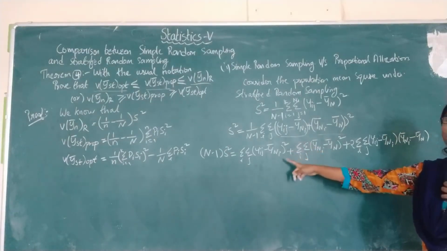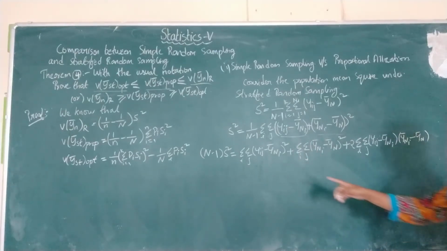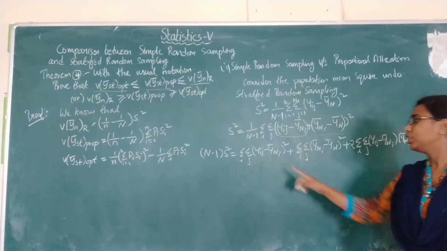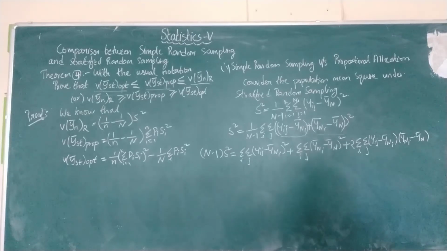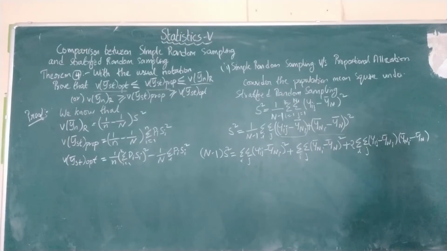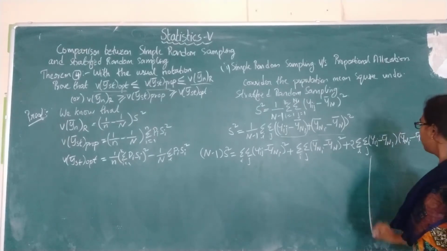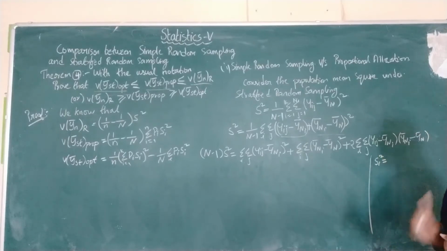Next, in place of the summations, you have to substitute some values. If you observe this term, double summation of (yij − Ȳi)², what is the value of that one? You might be knowing the Si² value, right? What is Si²? Si² is the mean square of the ith stratum.